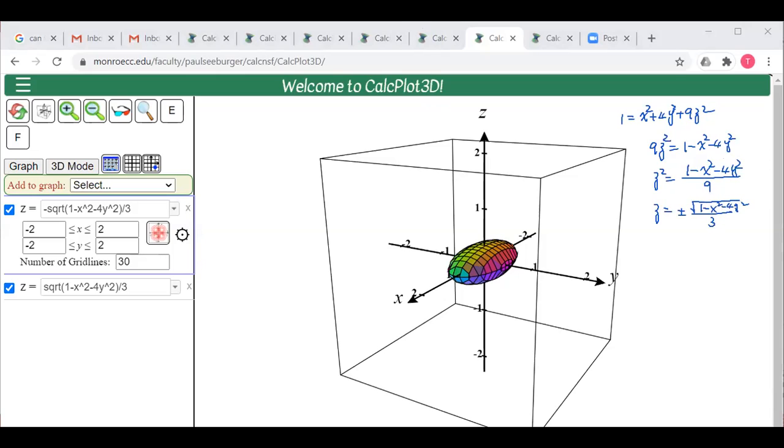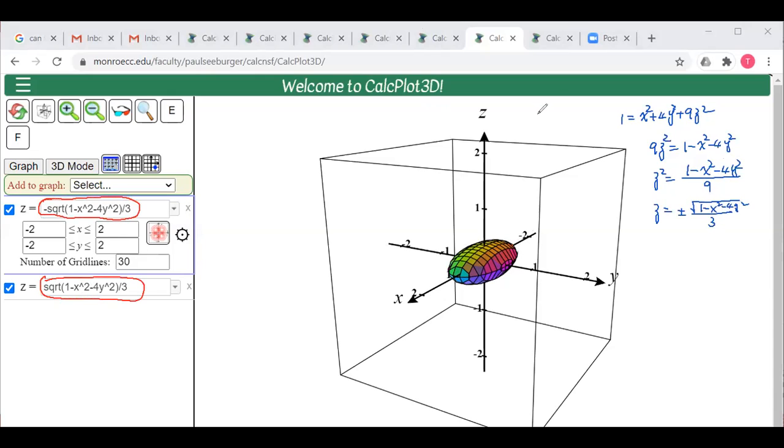That is why, take a look here, you do two graphs. The first one you do the negative one, then the next one you do the positive one. So that's why it will generate an ellipsoid.